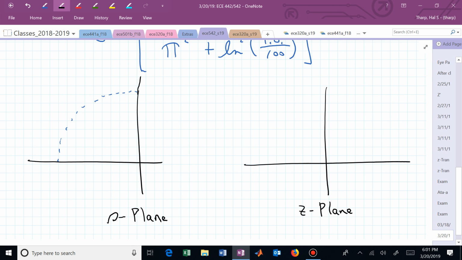This is now the natural frequency. So the distance, or the hypotenuse, the distance away from the origin in the S-plane, corresponds to omega sub n. What if I now sketched an angle in the complex S-plane?